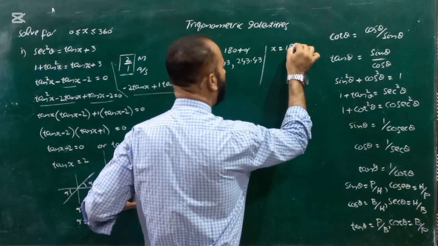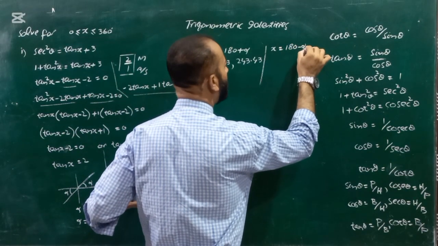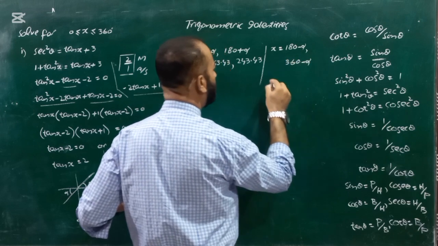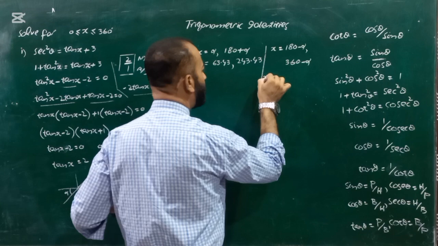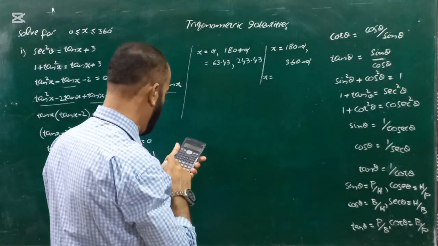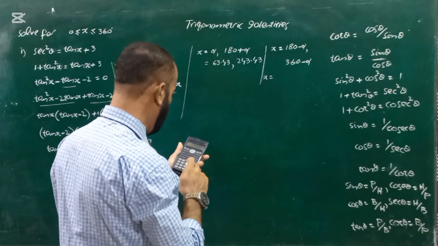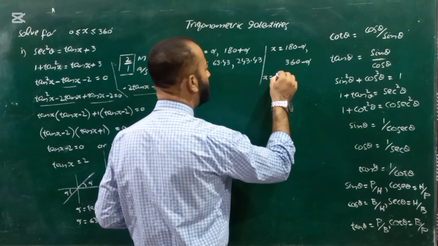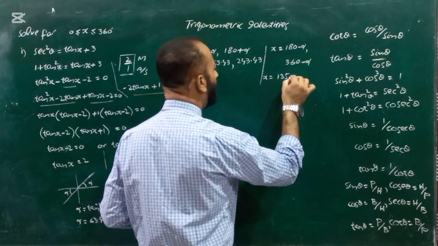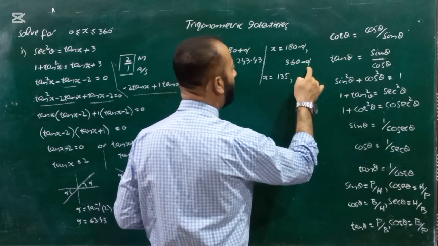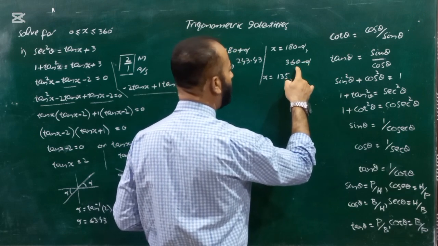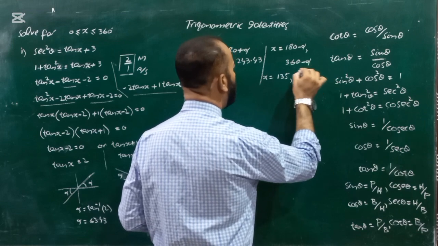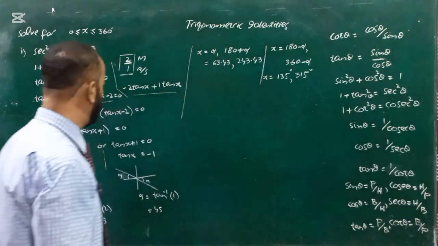So the x angles will be 180 minus 45, which is 135, and 360 minus 45 will be 315. So this is the solution.